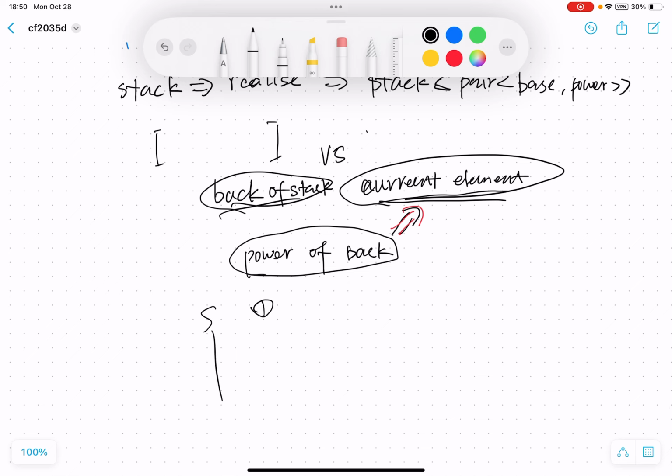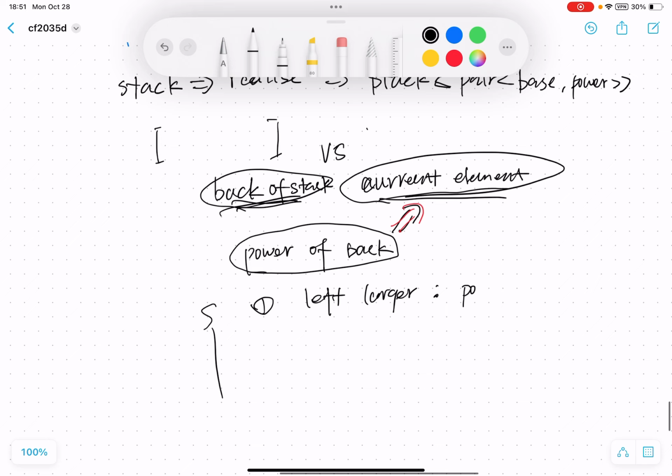First one is if the left one, that means the back of stack is larger, we need to push back the current element.